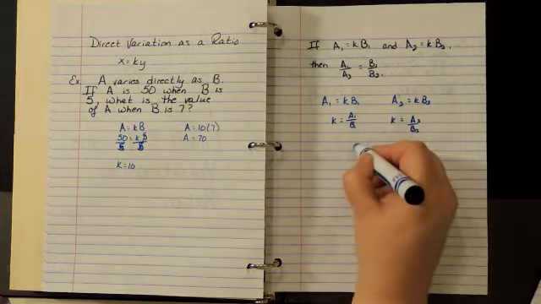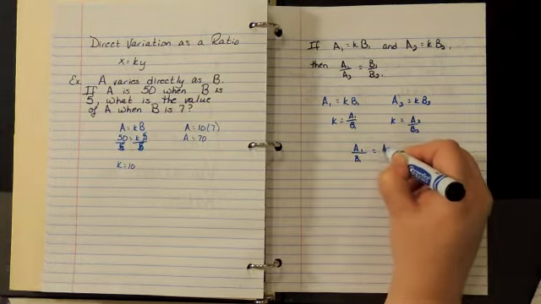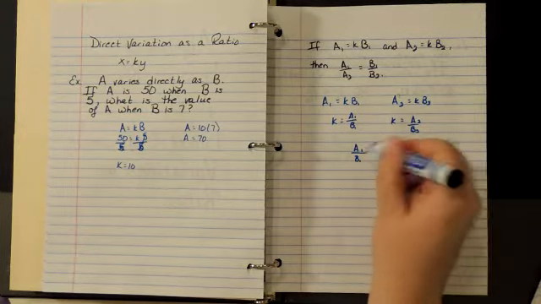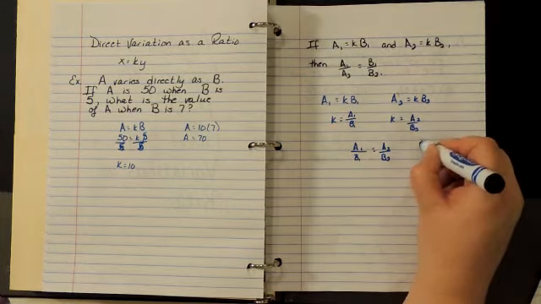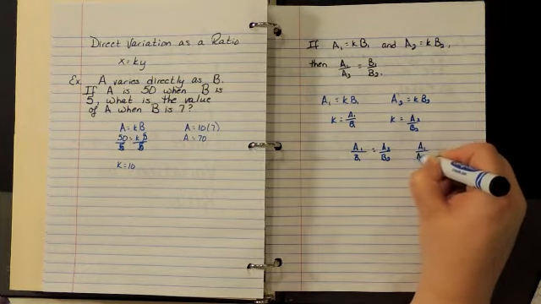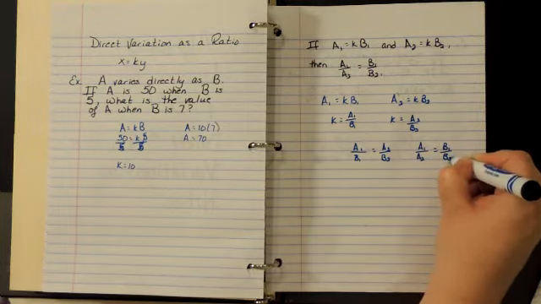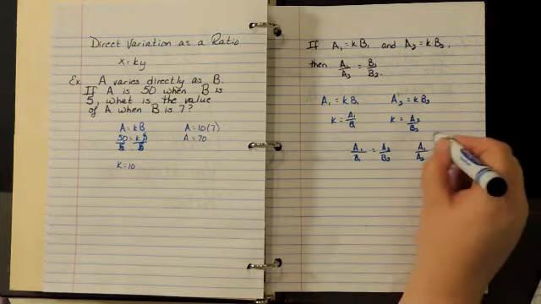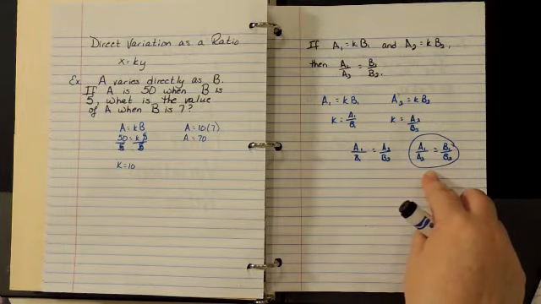And therefore, A1 over B1 equals A2 over B2, right? We can cross multiply and then rewrite this as A1 over A2 equals B1 over B2. So this is doing direct variation as a ratio.